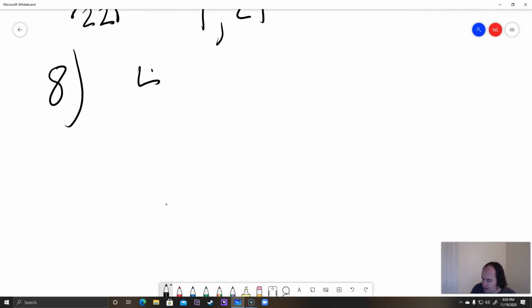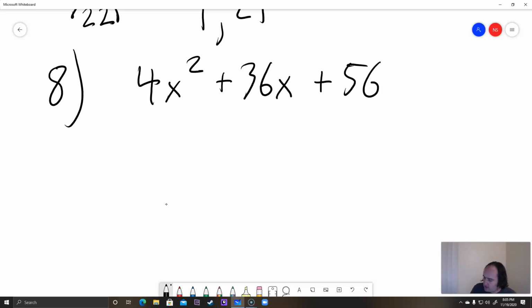For problem number 8, we have 4x squared plus 36x plus 56. 4x squared plus 36x plus 56. So what we have to do here is, because the highest power isn't just an x squared, it actually has a number on it, we're going to have to factor out the GCF first.